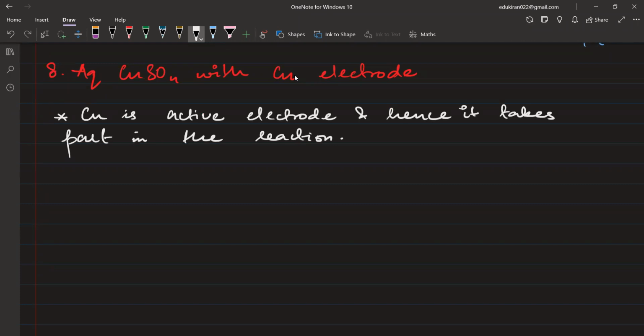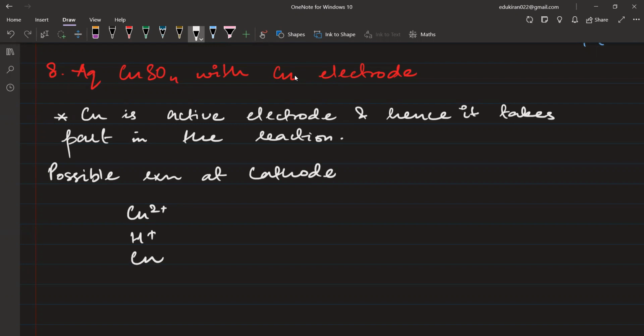अब यहाँ पे देखिए आप, when we are going to get the possible reactions at cathode, we are going to have 3 participants. Okay, right? Possible reaction at cathode. So in cathode, you are going to have either copper 2 plus, or you can have H plus, or you can have copper.